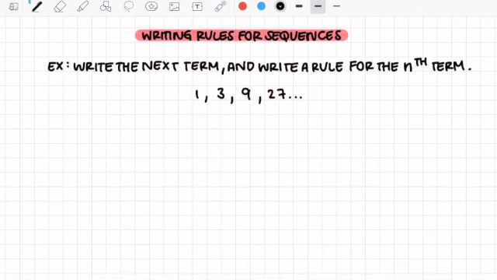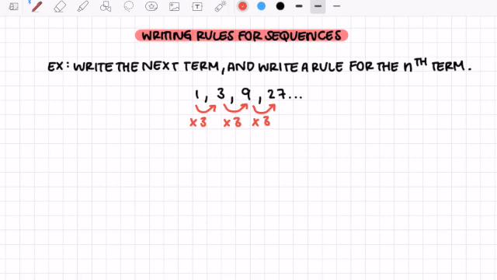Writing a rule for sequences, but this time the difference is not going to be by adding or subtracting. In this case, we have multiplying. If you notice here, 1 times 3 gives us 3, 3 times 3 gives us 9, and so on. It seems like we're always using multiples of 3.